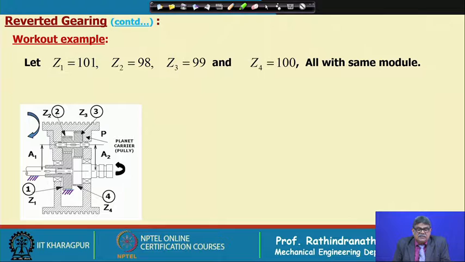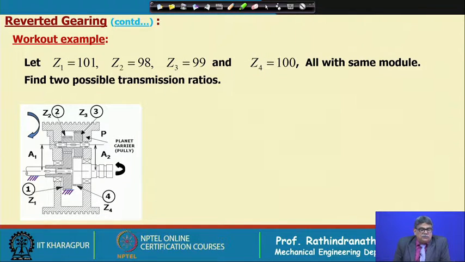So, basically 98, 99, 100, 101, these 4 teeth numbers we have taken, all with the same module, to understand how it is happening there. The question is that we have to find two possible transmission ratios.